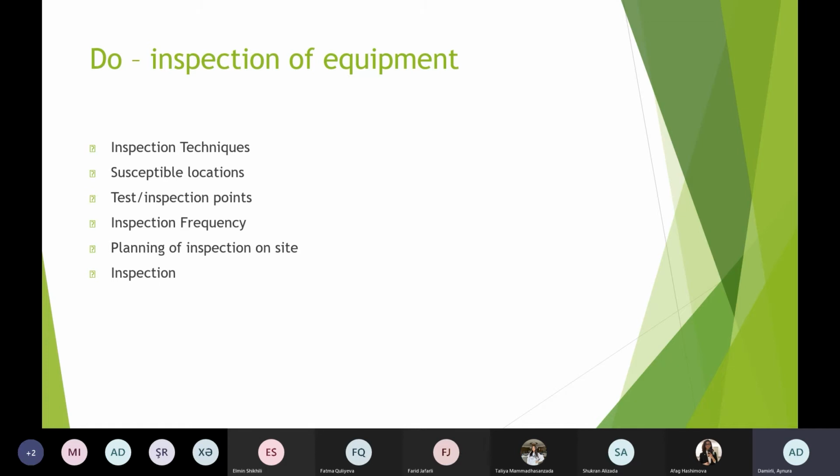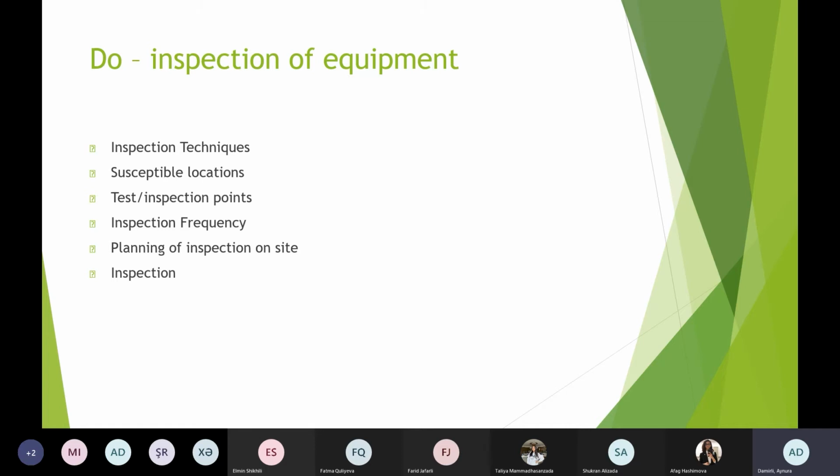Susceptible locations, like where are these locations? For example, if it's an elbow, or the 6 o'clock position, if it's horizontal piping, what can be more degraded, with more risk for degradation?